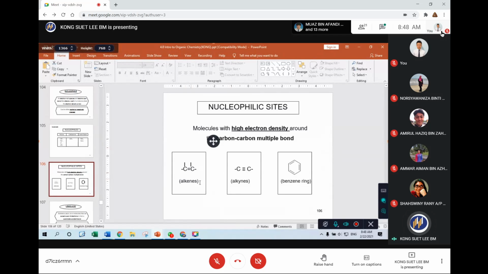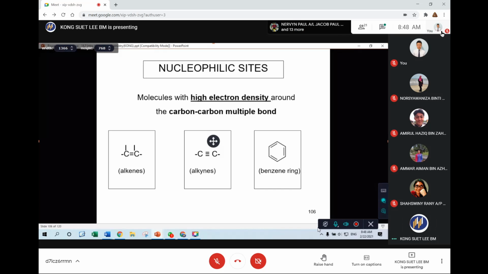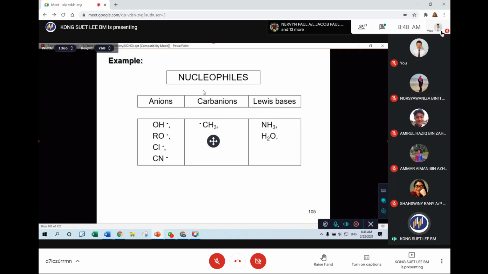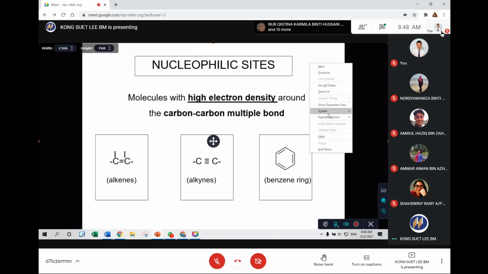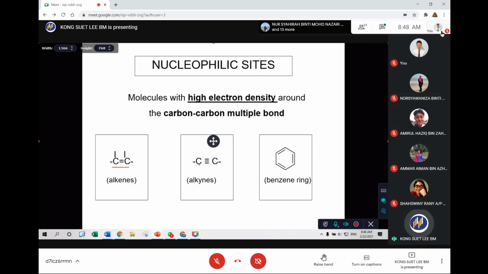Normally I will ask my students to identify the site. Nucleophilic site means the site with high electron density, like a carbon-carbon double bond, carbon-carbon triple bond, or benzene ring.